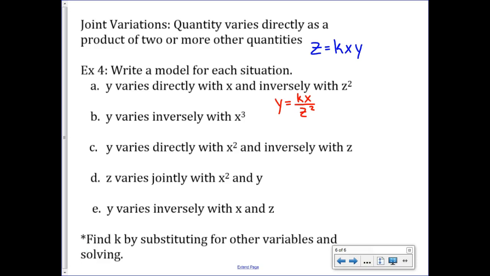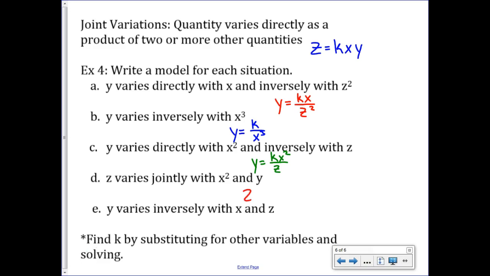For B, y varies inversely with x cubed. So y equals, inverse tells me it's going to be k divided by x cubed. C, y varies directly with x squared and inversely with z. So y equals k times x squared over z. z varies jointly with x squared and y.